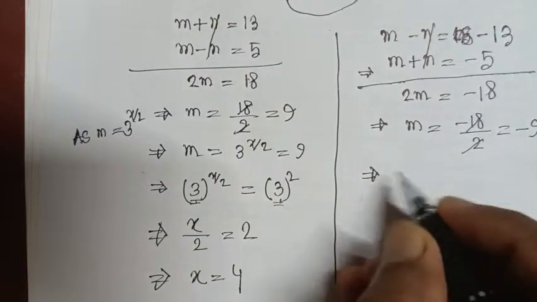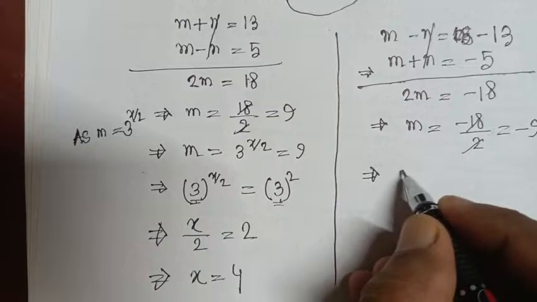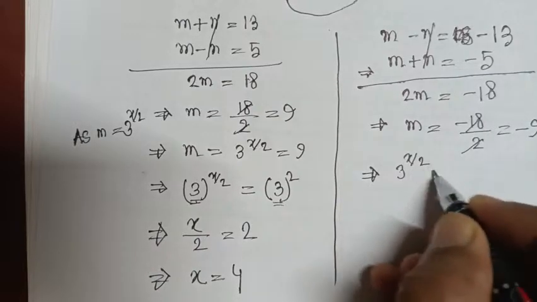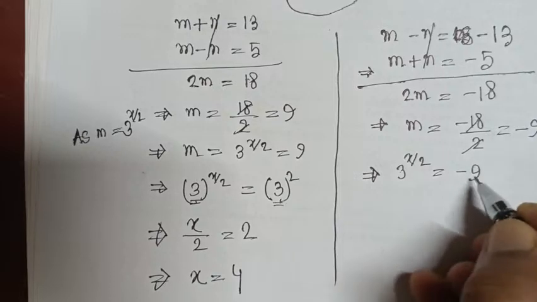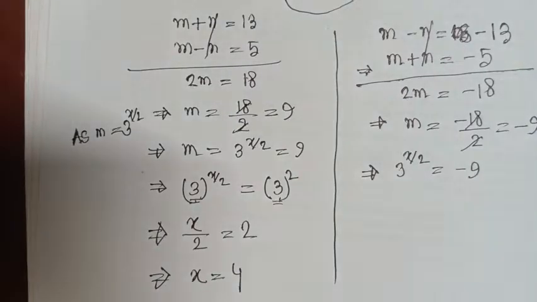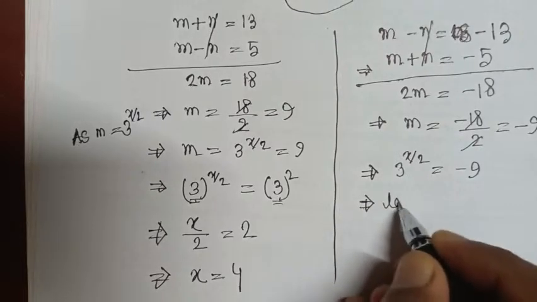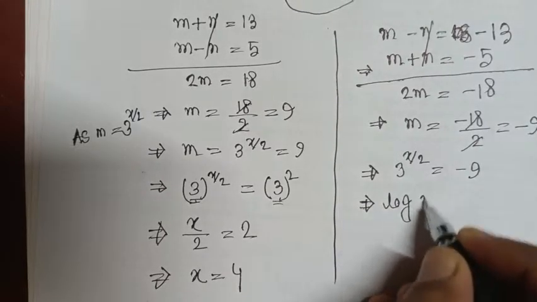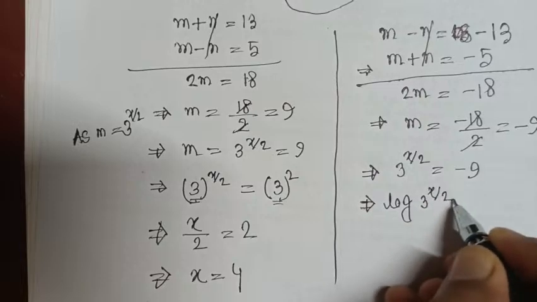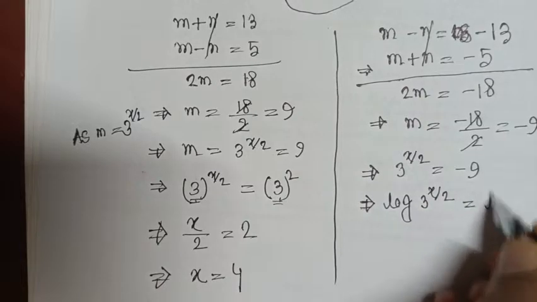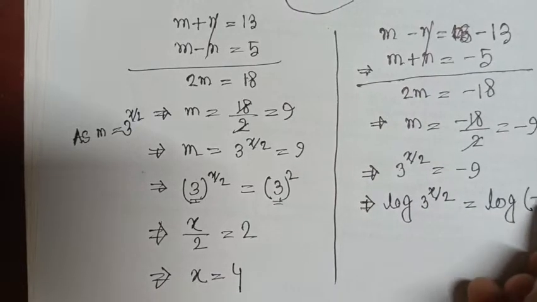Therefore m equals 3 to the power x by 2, which here equals minus 9. Now we are taking log on both sides, that is log of 3 to the power x by 2 equals log of minus 9.